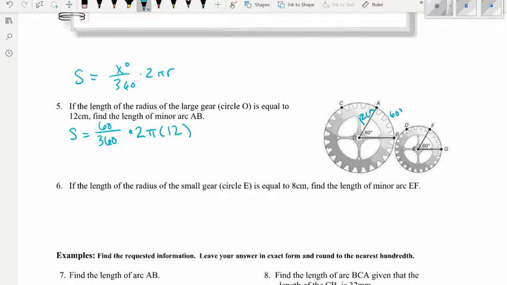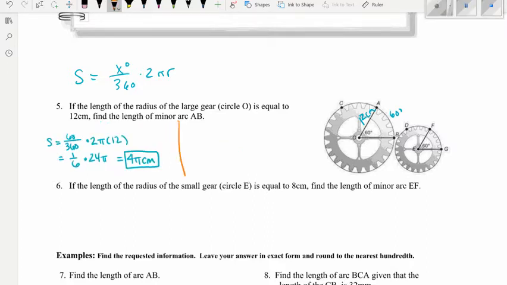And so when we do this, we know 60 over 360, we already said, was 1/6 earlier. So 1/6 times, and 12 times 2 is 24, so times 24 pi. So that would give us 24 pi divided by 6, which is 4 pi centimeters. And so that would be one way to solve the problem.